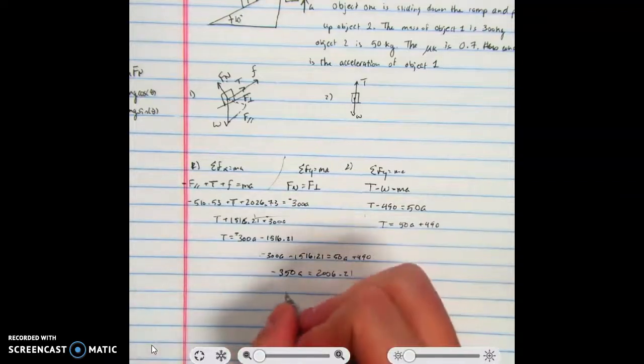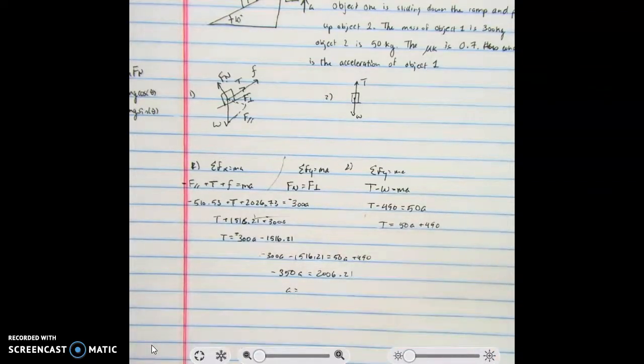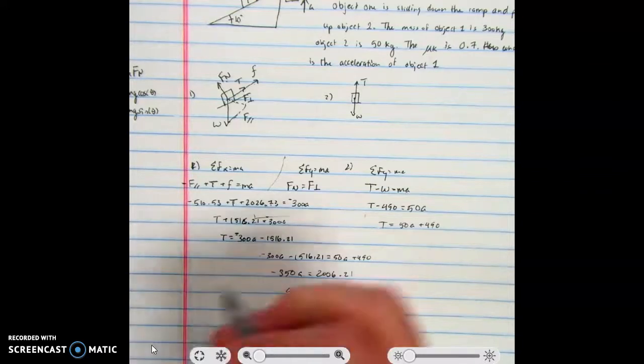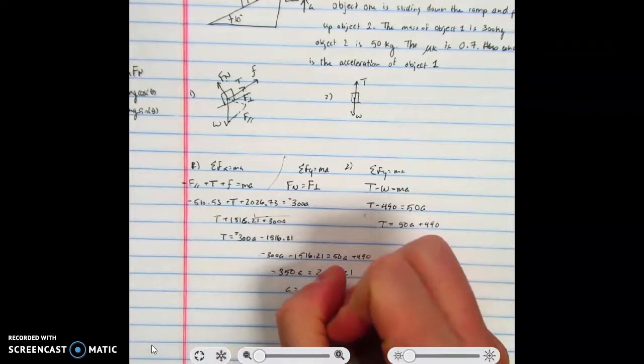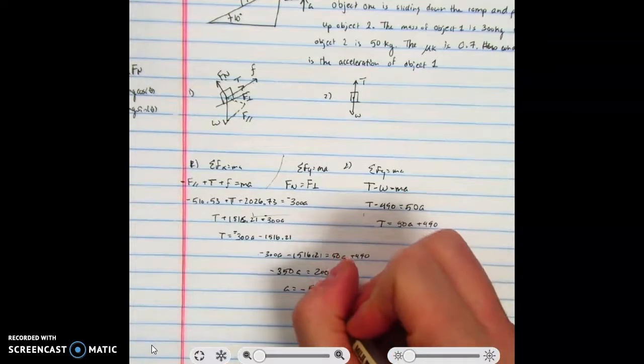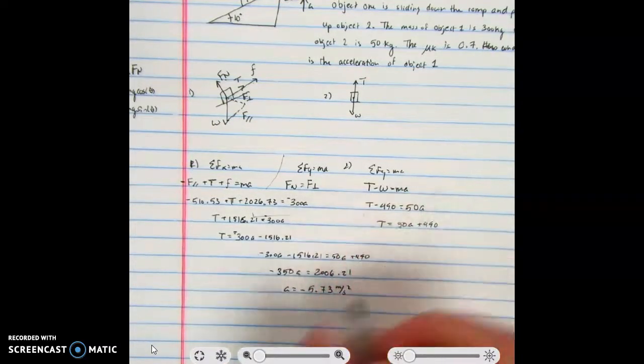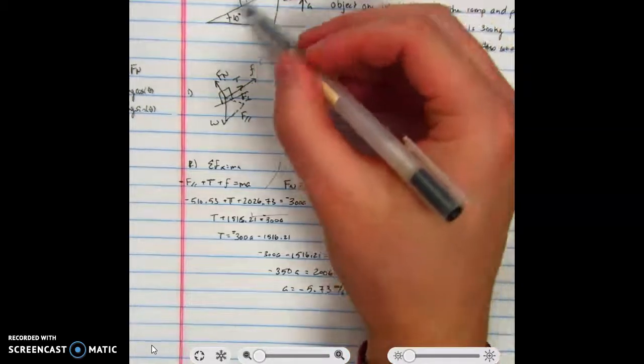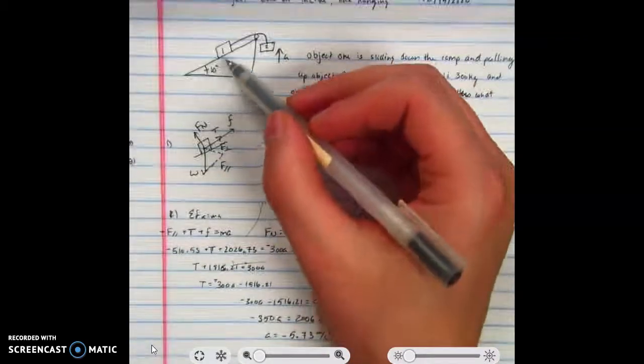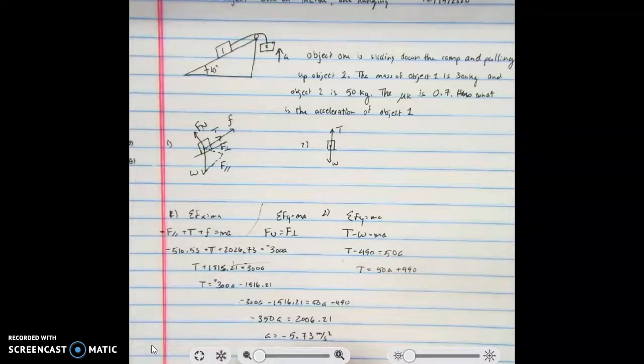Then divide: A is equal to negative 5.73 meters per second squared. Negative because it's sliding down, and in this case, down is to my left, so that makes sense. It worked out. See you, kiddos.